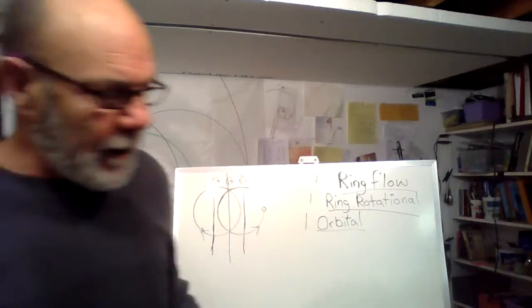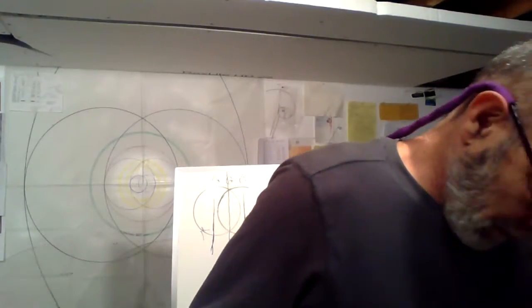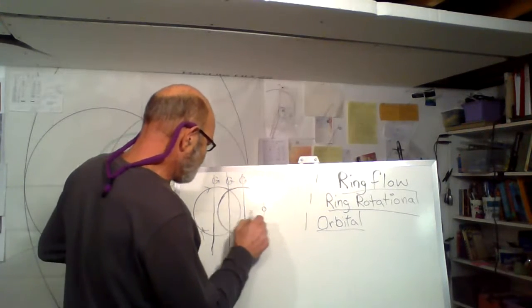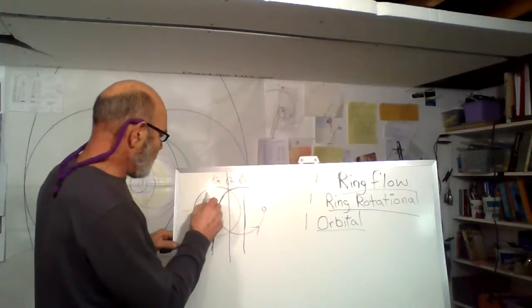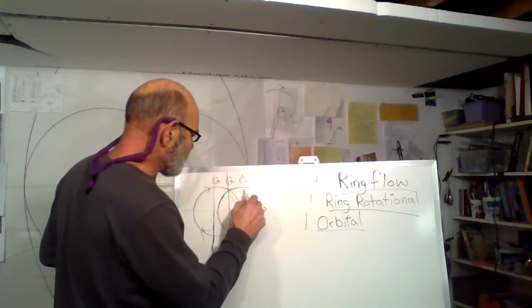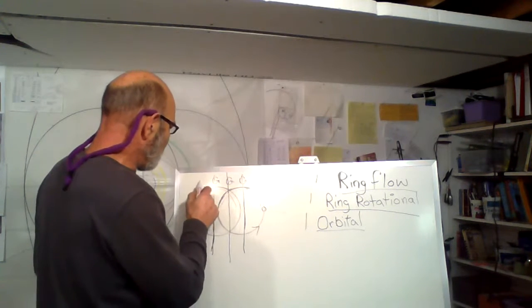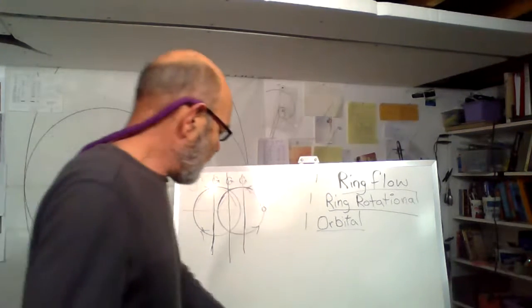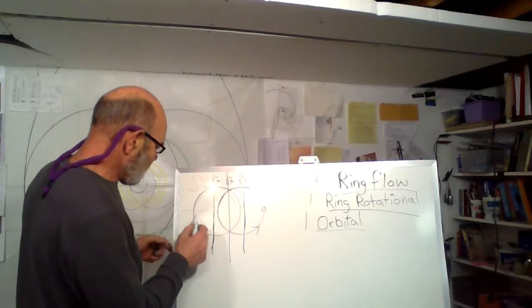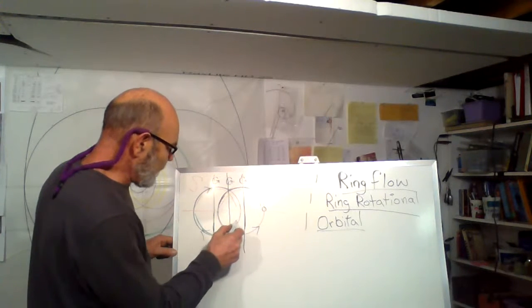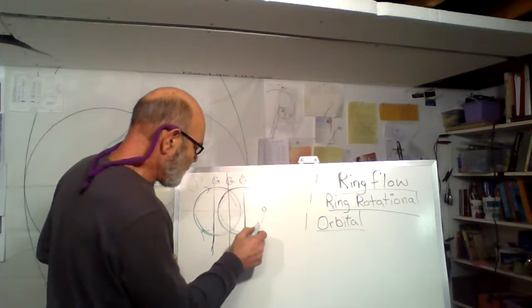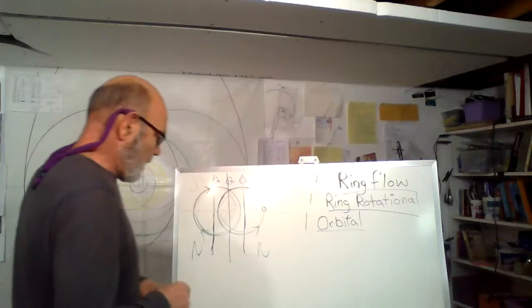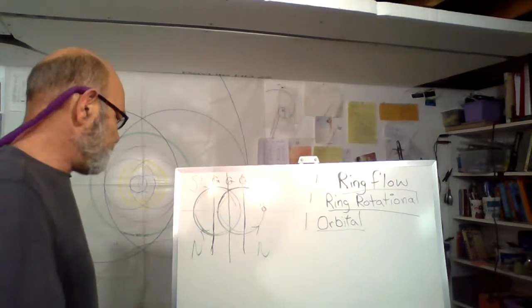So the way they're at right now, this red highlighted area would represent South Pole energy. And that this lower area here would represent North Pole energy.